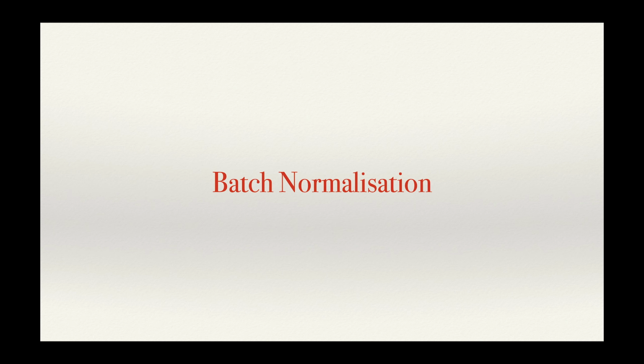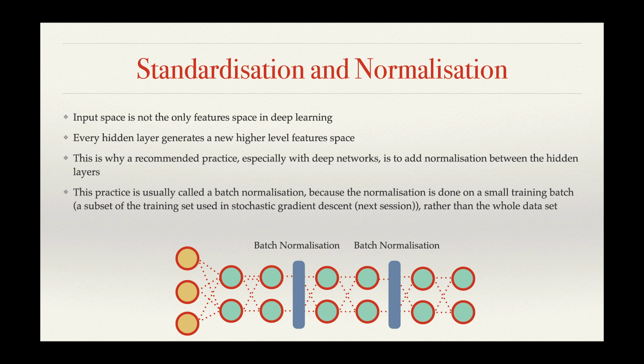So batch normalization is also used because the input space is not the only feature space in deep learning. We have talked about deep neural networks, which are not shallow networks with only one layer. After each hidden layer, we always have the feature maps, or the new abstract features, the higher order features.